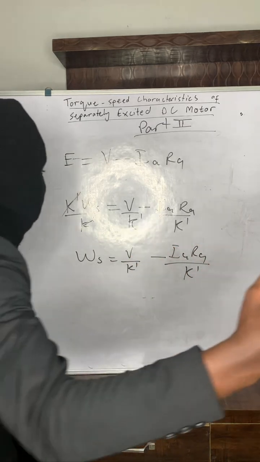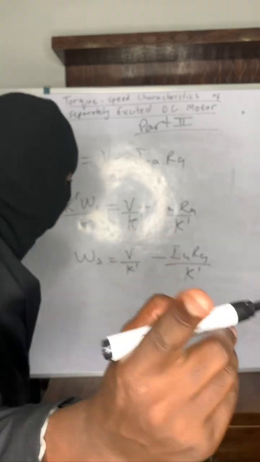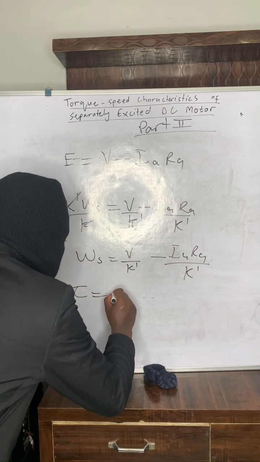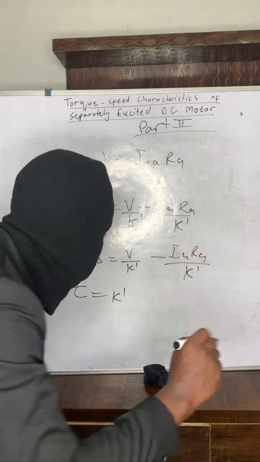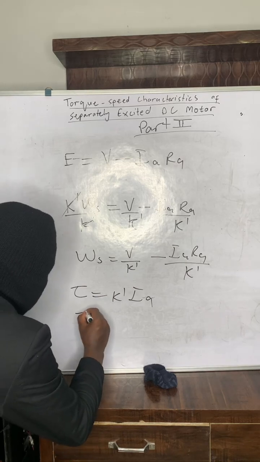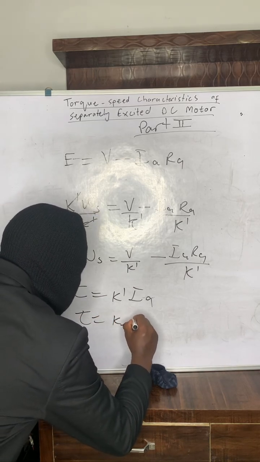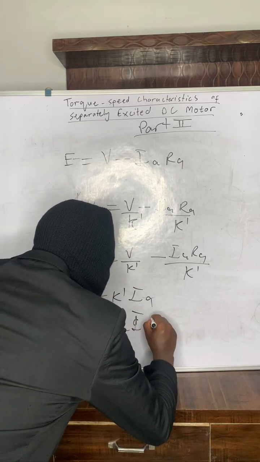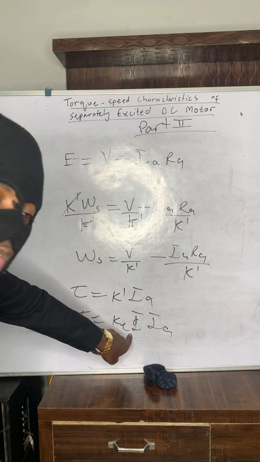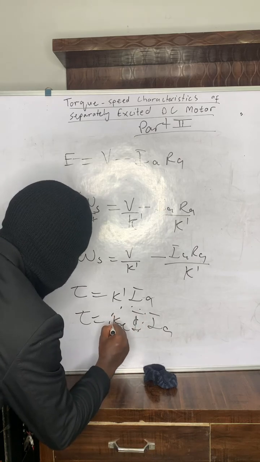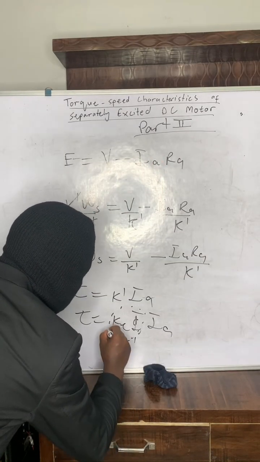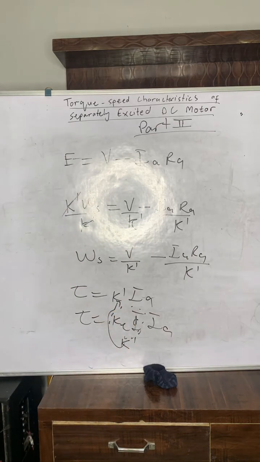Now we know that torque is equal to K dash again times IA, because we had torque equal to KE phi IA, but provided that phi is constant, we introduce a new constant K dash.